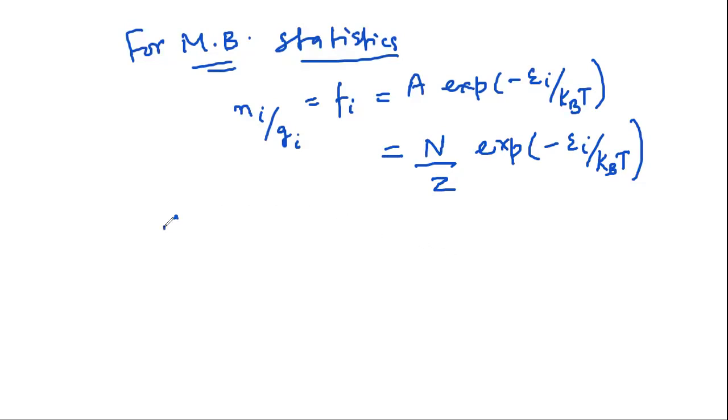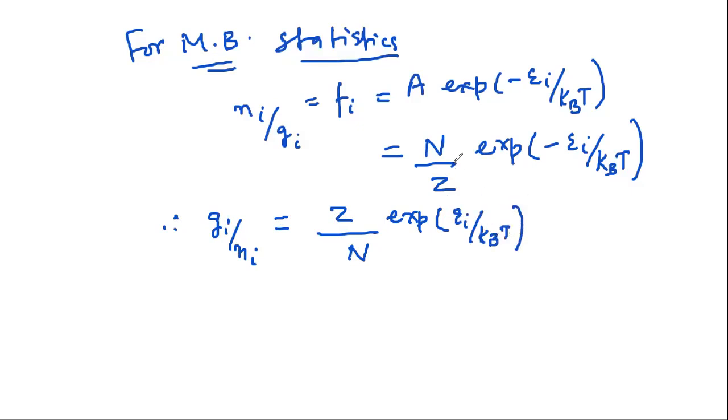Therefore, what is g i by n i? Simply reciprocal it. It is Z by N exponential of epsilon i by kT.